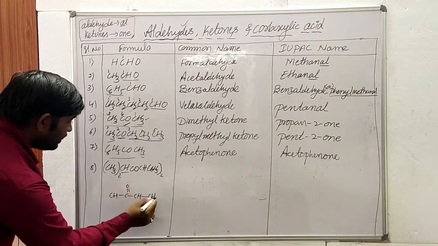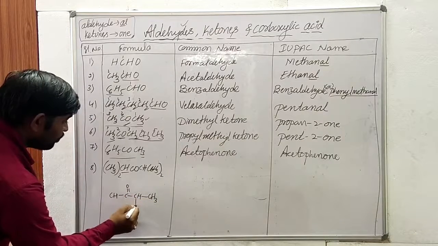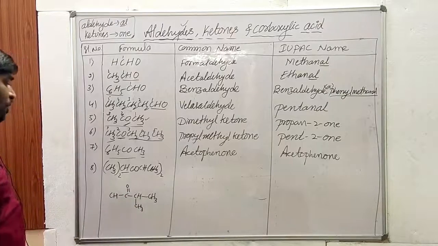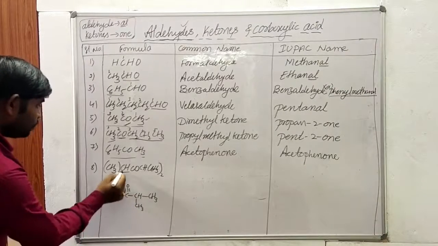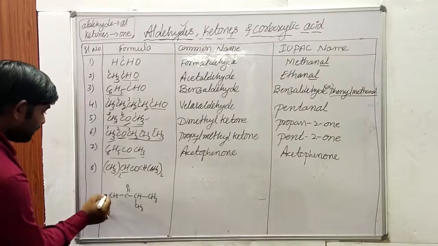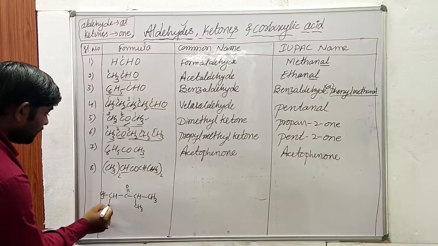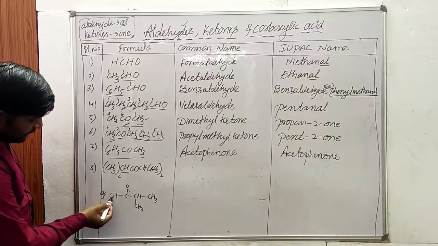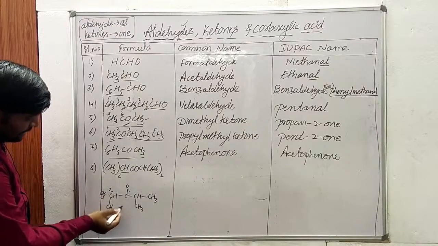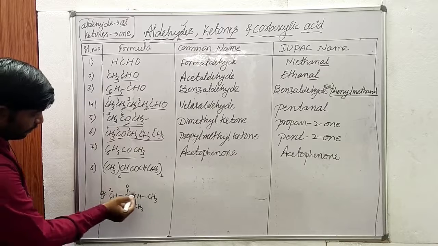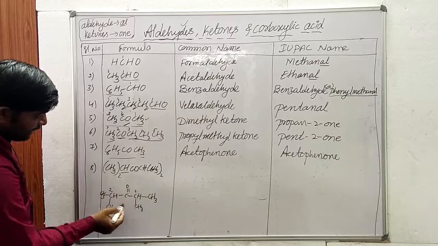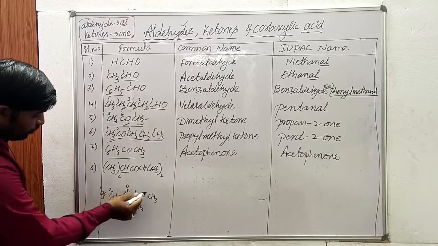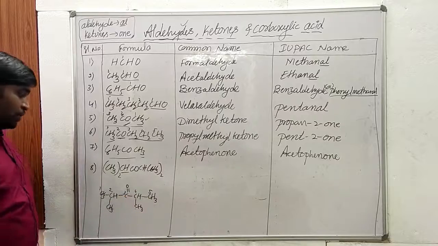Here one CH3, here one CH3. So it becomes CH3 CH, with a methyl at the second position, and also methyl at the fourth position. This is 1, 2, this is 3, 4, and this is 5. So we have to assign it like this.